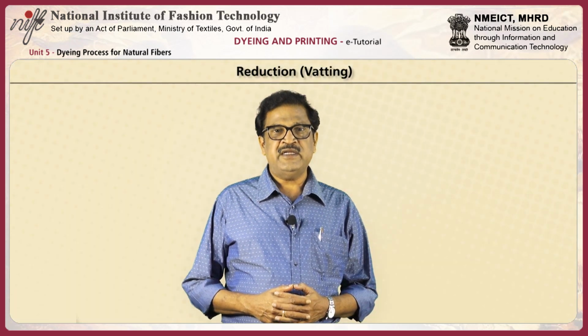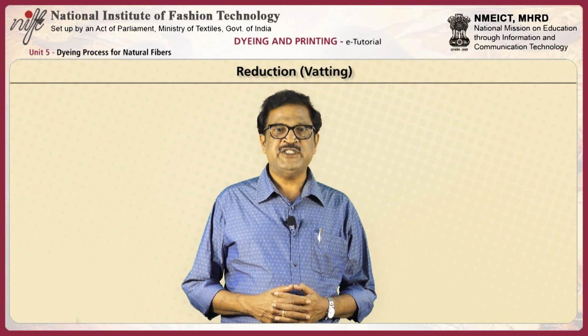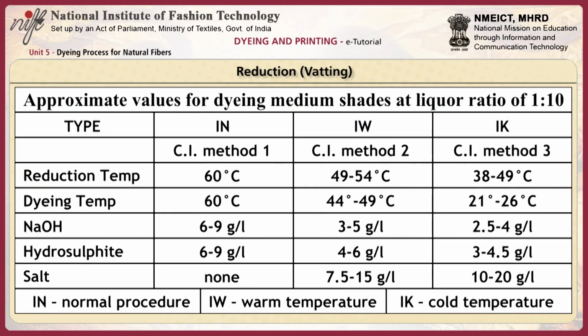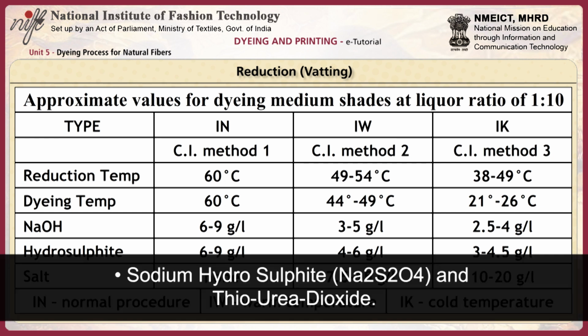The time and the amounts of reducing agent and base needed for specific dyes are shown in this table. These are the appropriate values for dyeing medium shades at a liquor ratio of 1:10. The reducing agents most commonly used are sodium hydrosulfide and thiourea dioxide.